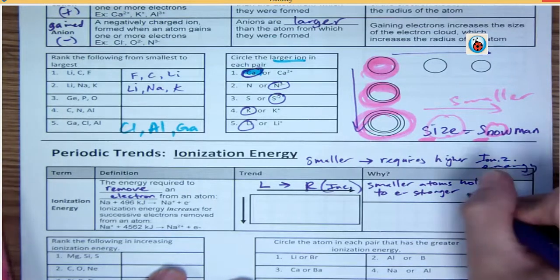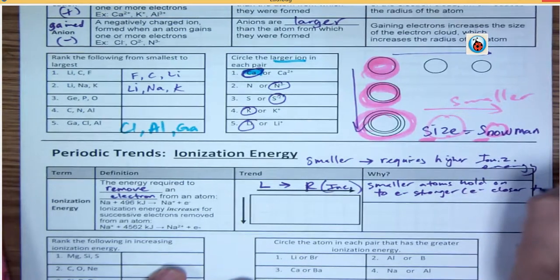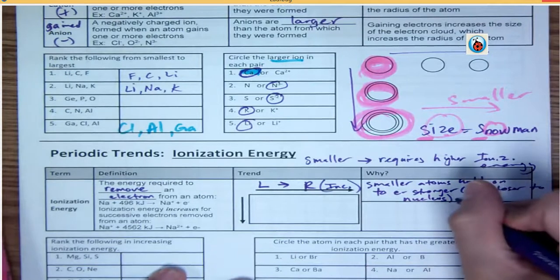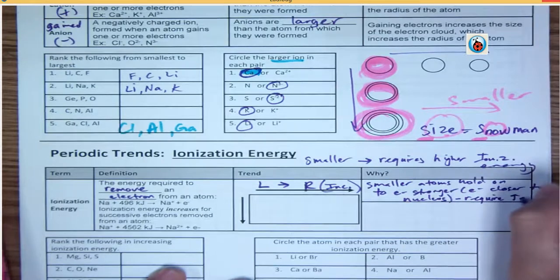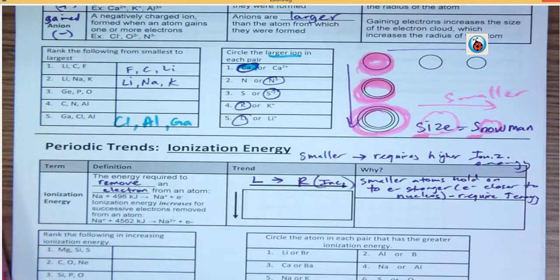So electrons are closer to the nucleus. So it requires more energy, requires higher energy. I'm just going to abbreviate some stuff here. I hope you can read my writing. If you can't, just go back and listen to what I say and write down what I say.